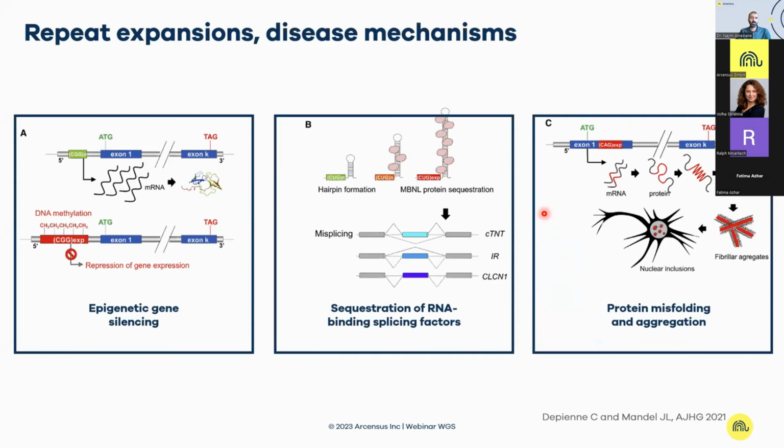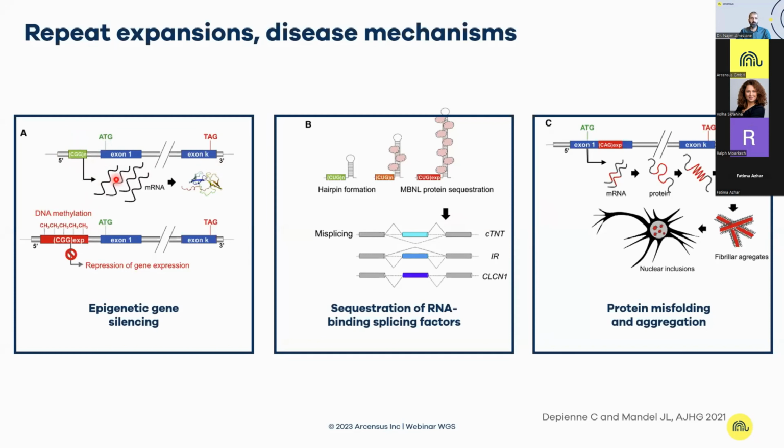So what are the disease mechanisms? This is an illustration of 3 different ways in which the disease can occur due to repeat expansion. The first one is when you have a repeat expansion mainly in the 5' UTR region or the promoter region of the gene. When you have a normal gene that doesn't have the repeat expansion, there is normal expression of the protein.